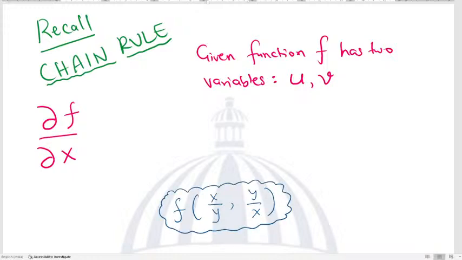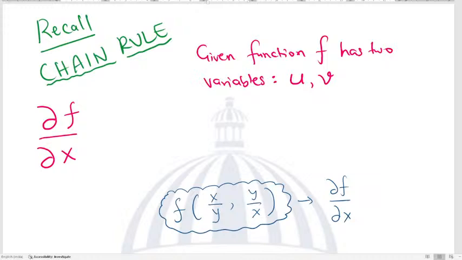Given this function, we want to find out what is dou f by dou x. So we need to find a particular method to do this. How do we find the partial derivative in these cases? That is the question we have in our mind.